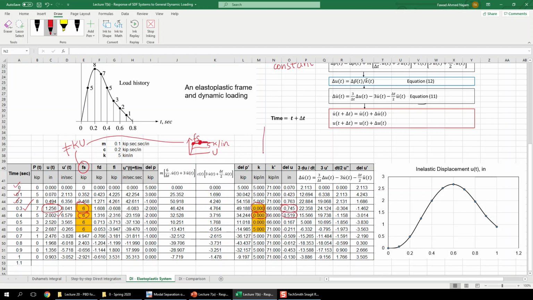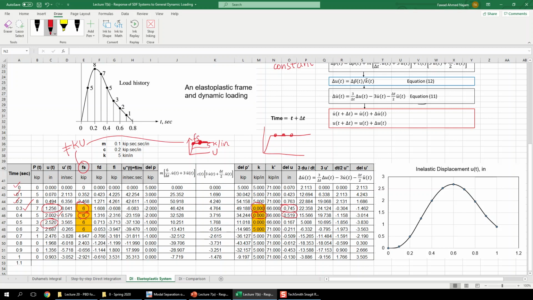So if I write clearly that we yielded, and after yielding we are going to the next step and the next step like this. Delta u is positive again, and we go to the next step, which is adding delta u to the previous u to start the next value.